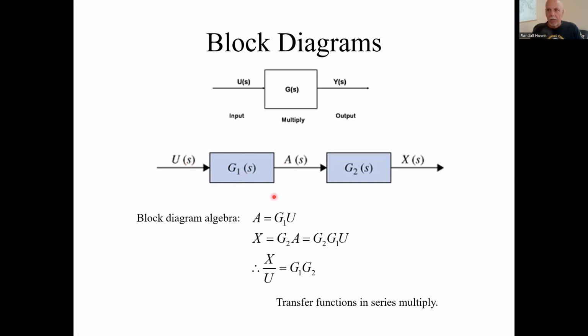You just multiply. See, that's the beauty of Laplace transforms. And then this signal is G2 times A, but A was G1 times U, do the algebra, and what you find out is when you have processes in series like this, you just multiply the two transfer functions.